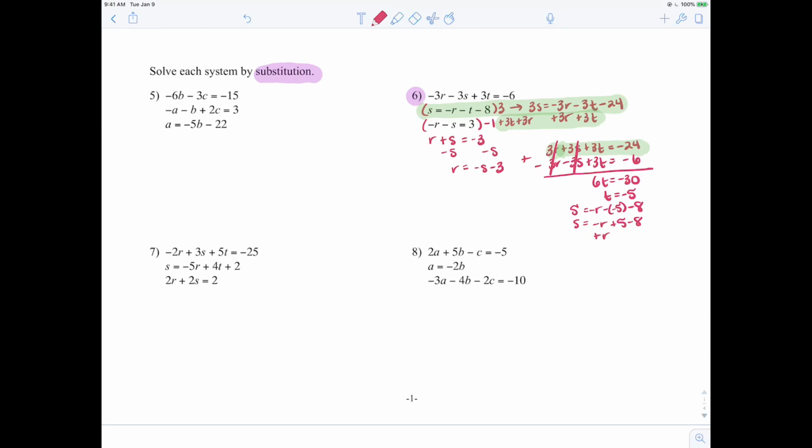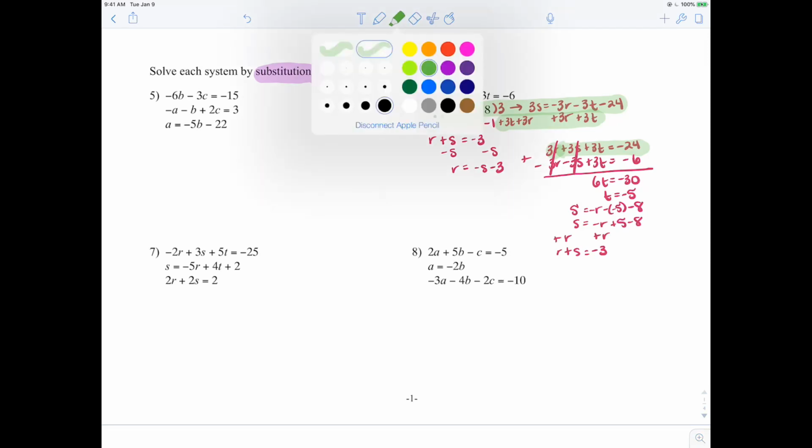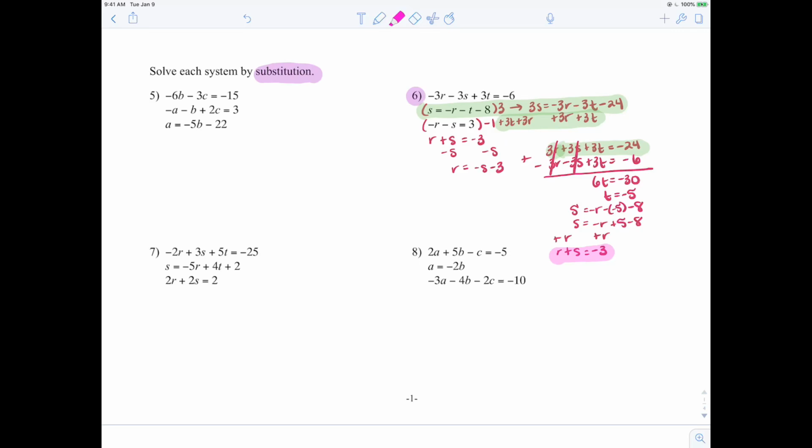So I would add r to both sides, and we get r plus s equals negative 3. And I see that that's exactly what I got in my very first equation. I got these from two different equations, which means I can still add them together even though they are identical.